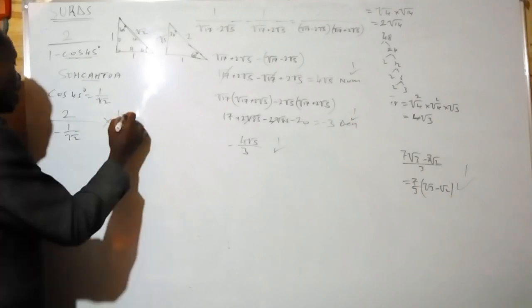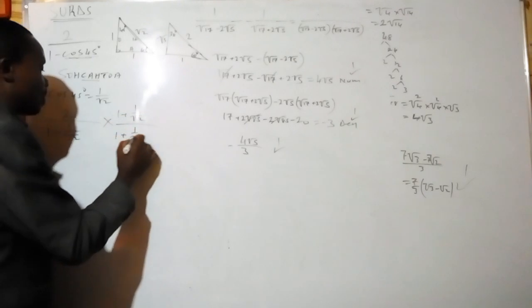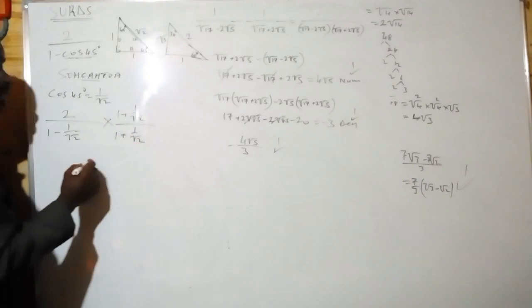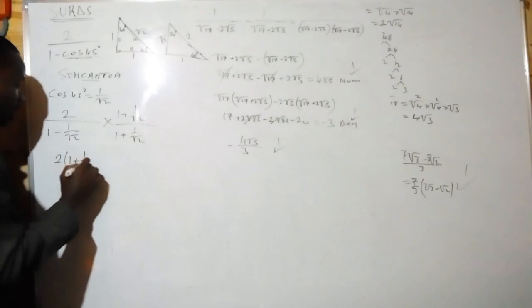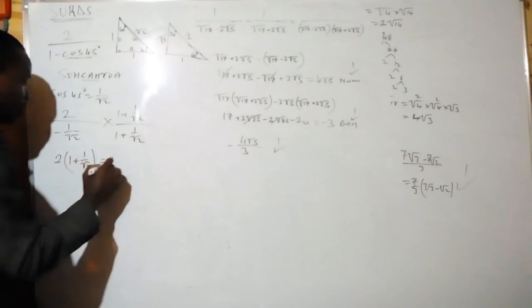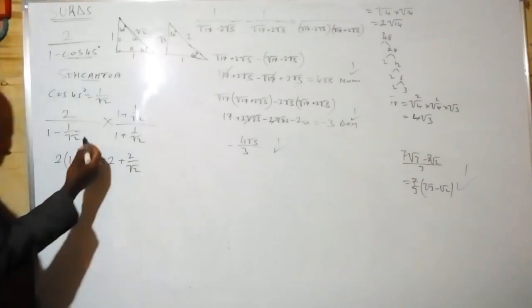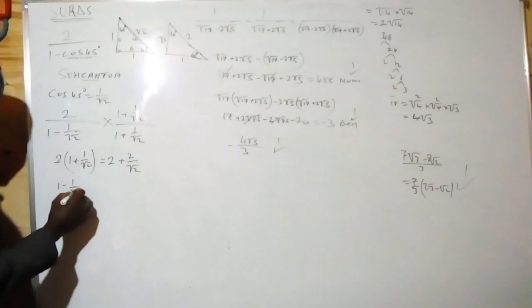We first of all do away with the numerator. 2, open the bracket, 1 plus 1 over root 2, and this is supposed to give you 2 plus 2 over root 2. Then for the denominator, we are going to expand 1 minus 1 over root 2, 1 plus 1 over root 2.